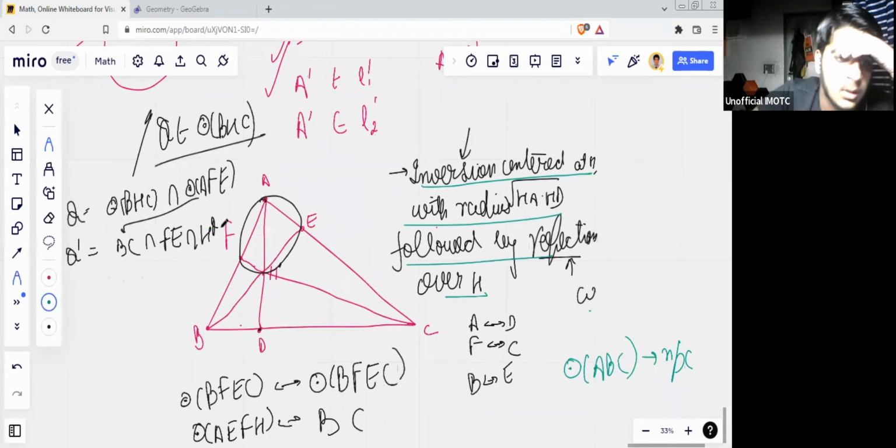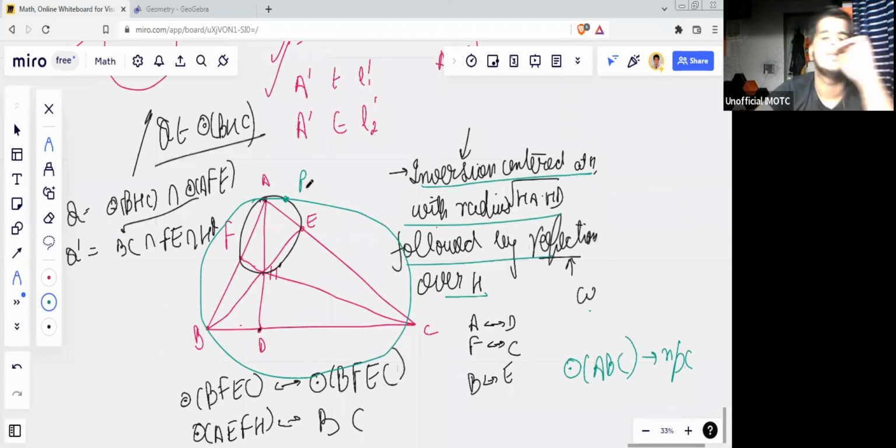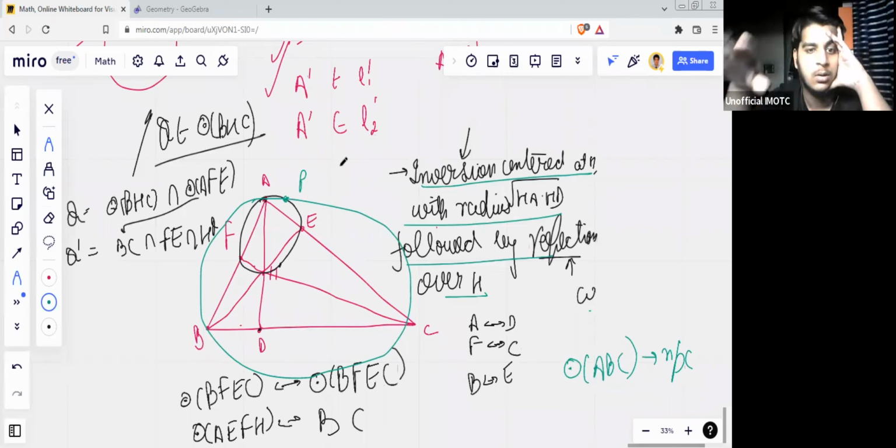Now I introduce the circumcircle also, and ABC intersects AFE in a point P again. What will be the image of P? If anyone gets the answer, don't speak it out loud.